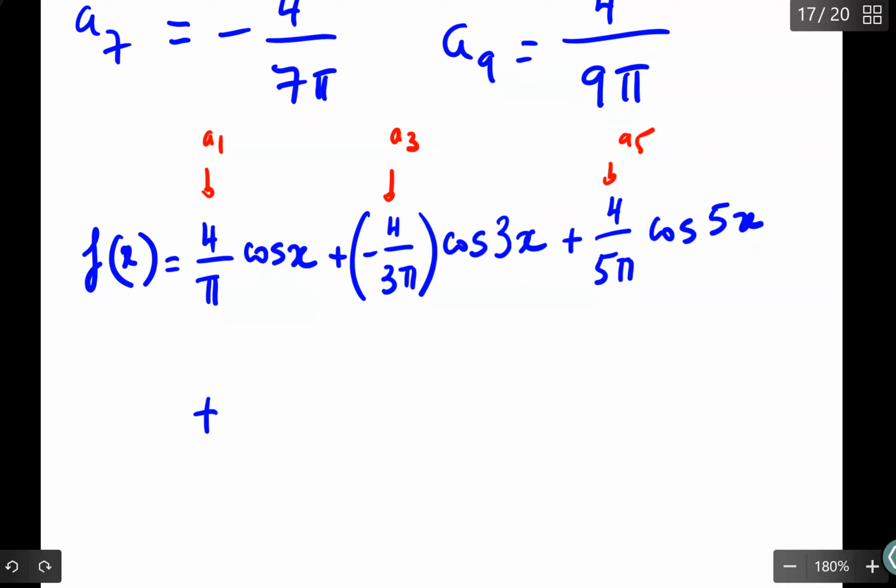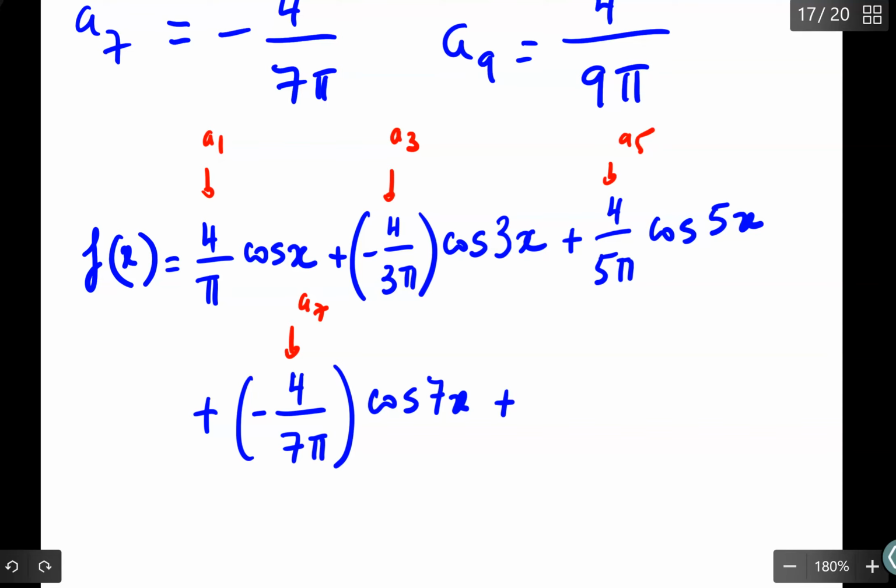And I will add that with negative 4 over 7 pi, and I need to multiply that with cos of 7x. This is my A7, and I add that with my A9. So what is my A9? A9 will be adding 4 over 9 pi cos of 9x.